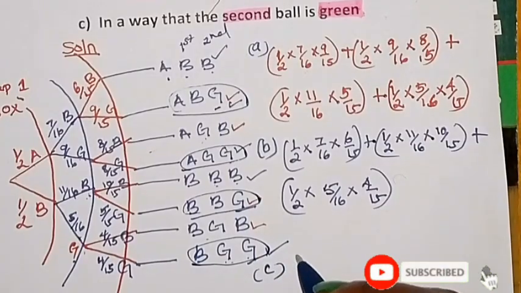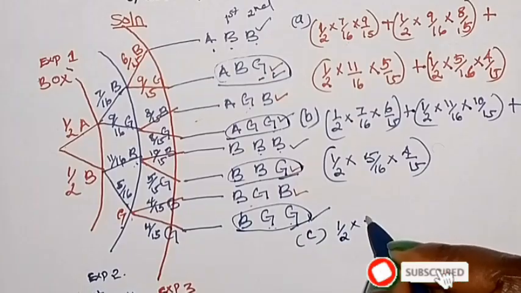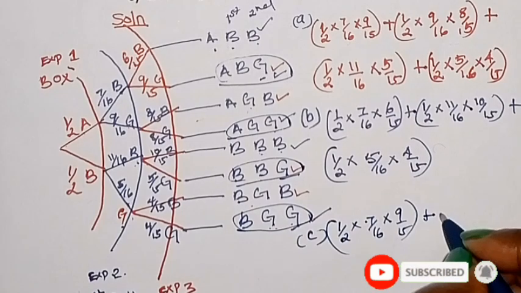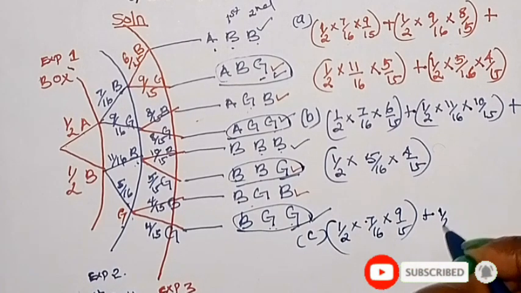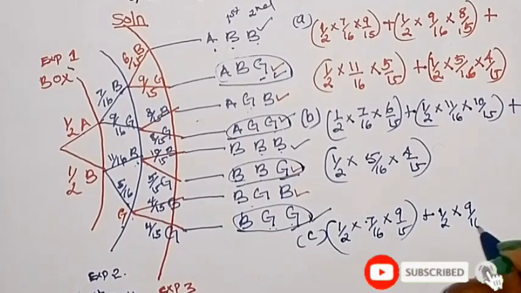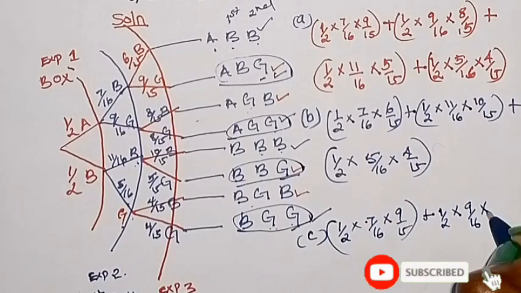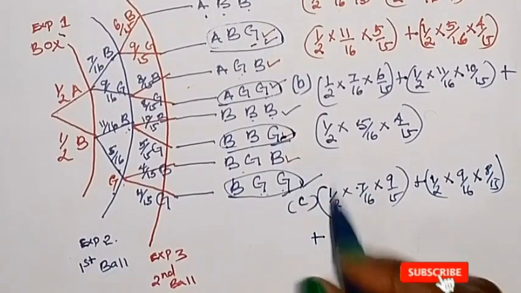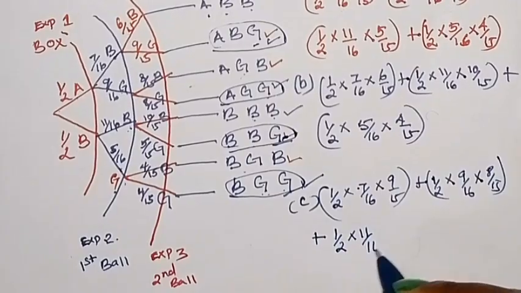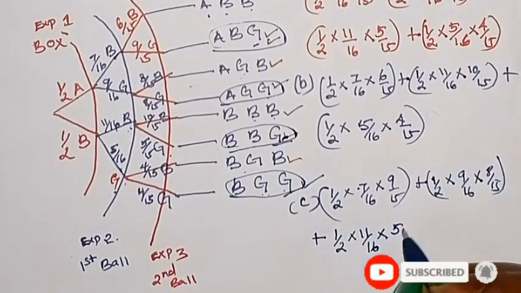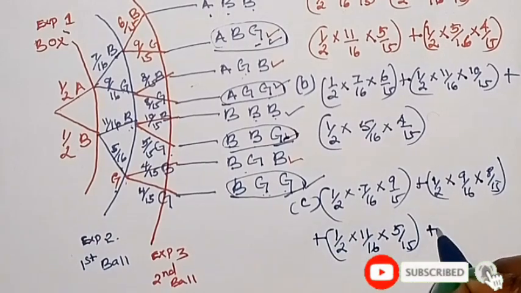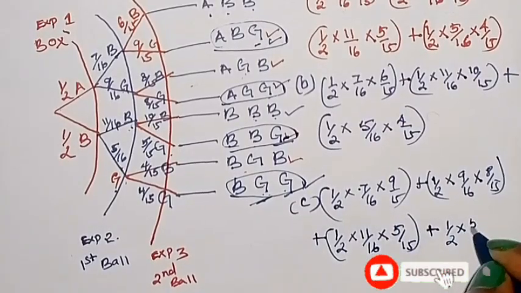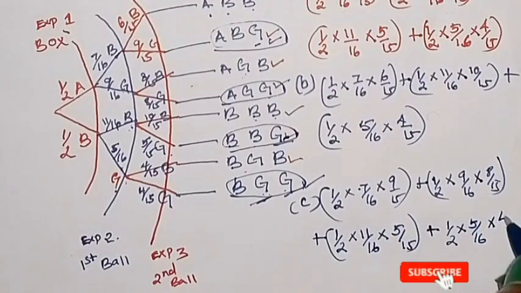So we have half times 7/16 times 9/15, plus half times 9/16 times 8/15, then plus this other one, half times 11/16 times 5/15, plus this, the last one, half times 5/16 times 4/15.